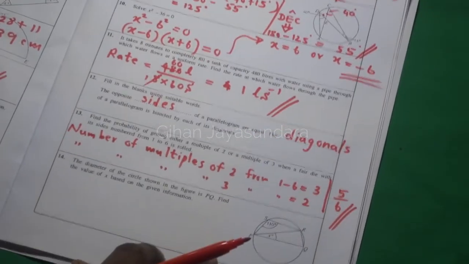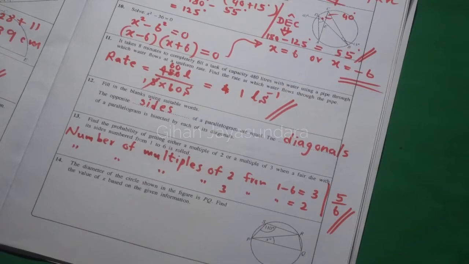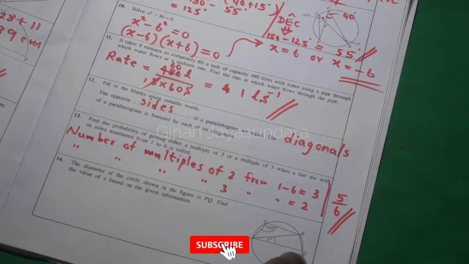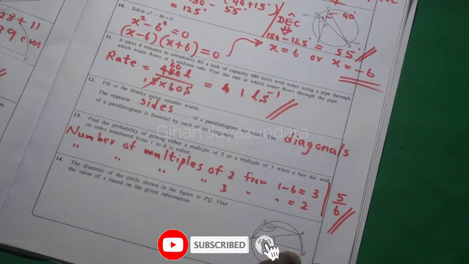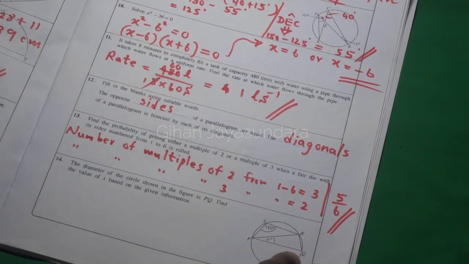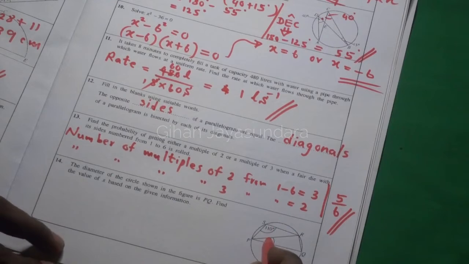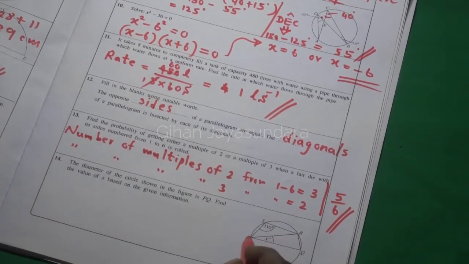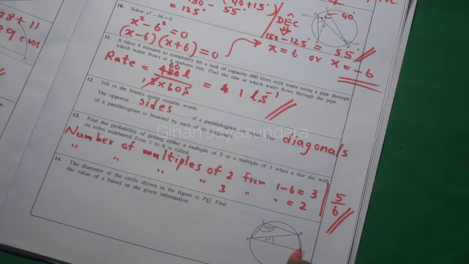Right. The 14th one. The diameter of the circle shown in the figure is PQ. So PQ is a diameter, and find the value of x based on the given information. So RPQ angle is x. PQ is a diameter.